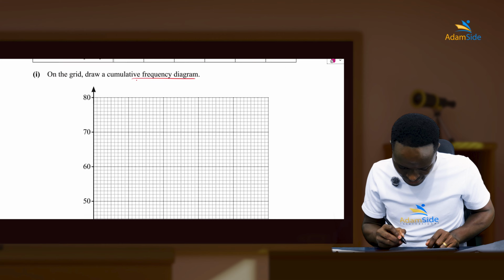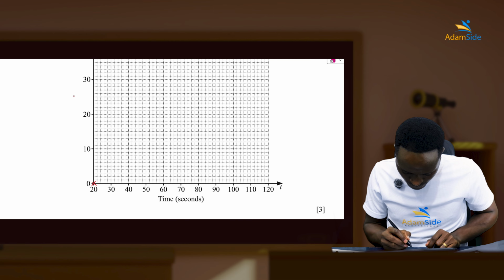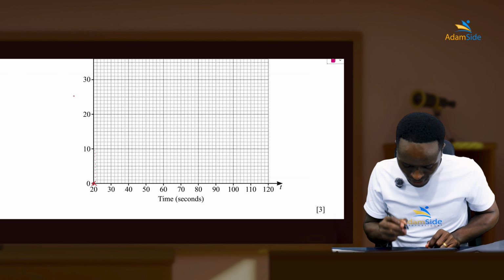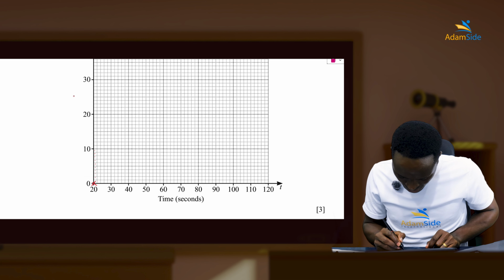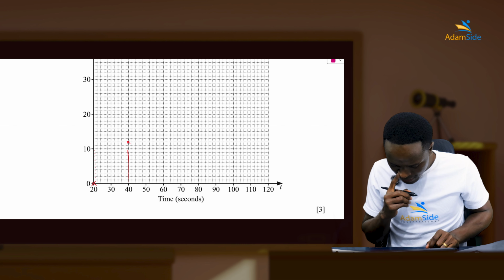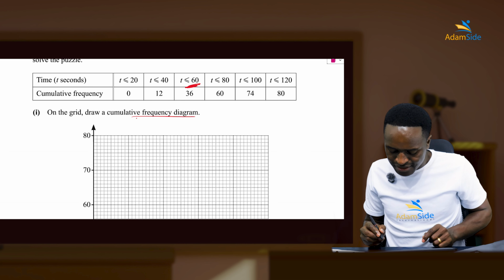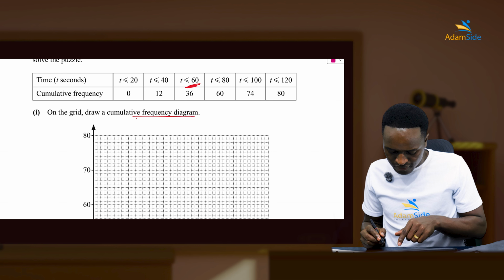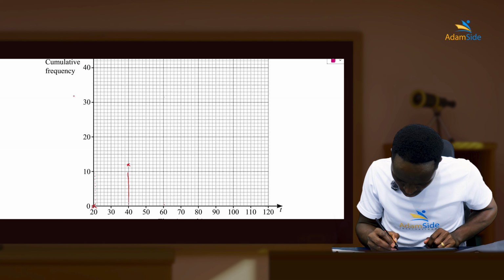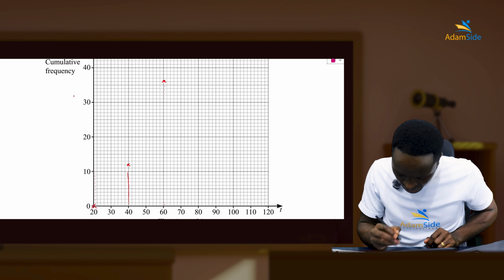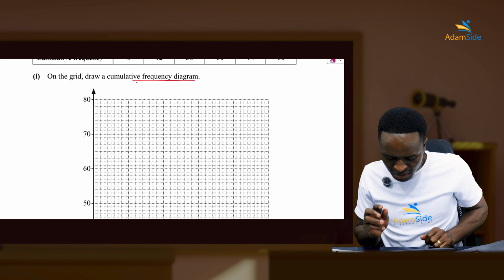We need to know the scale. 1 small square is 1, so 12 is here. At 40, you get here. Then at 60, it is 36.